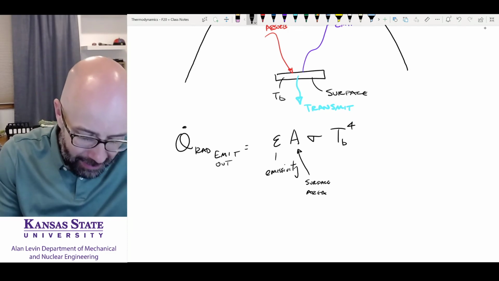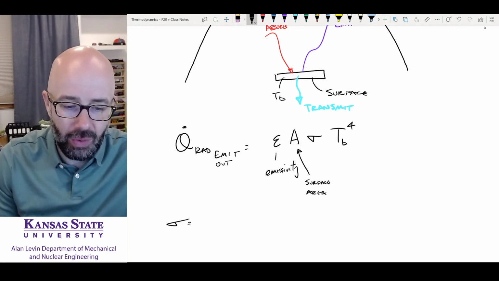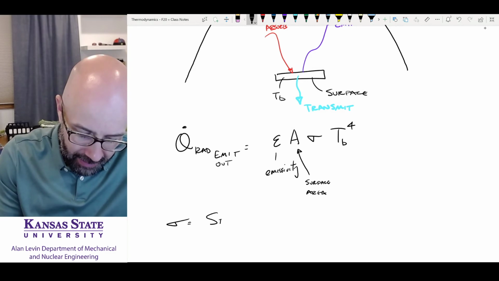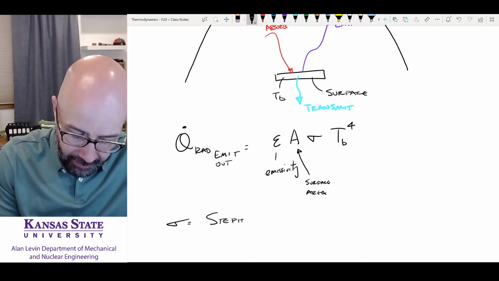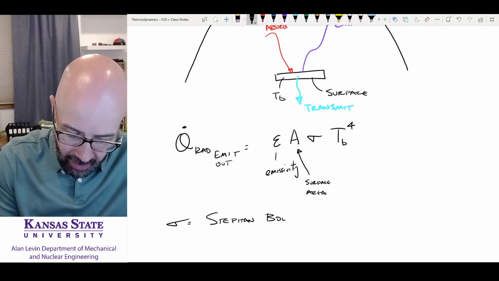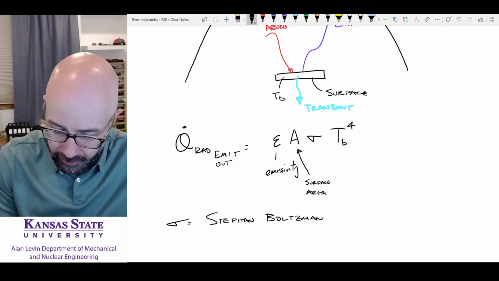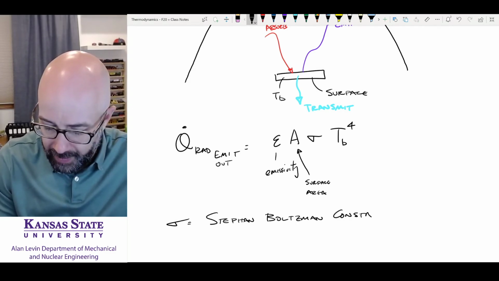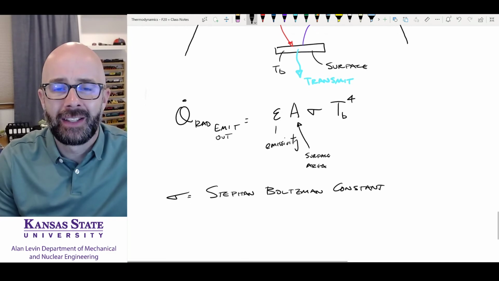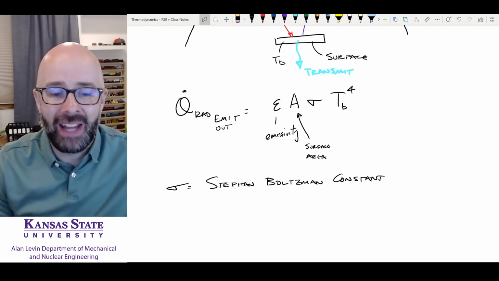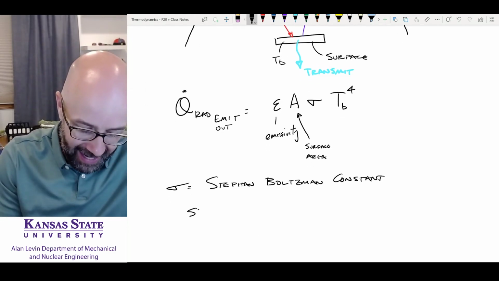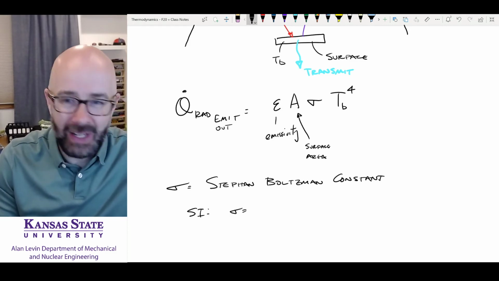Well, what is this sigma that I'm talking about here? Sigma is the Stefan-Boltzmann constant. It is one of those interesting constants that has a really nice number in SI.